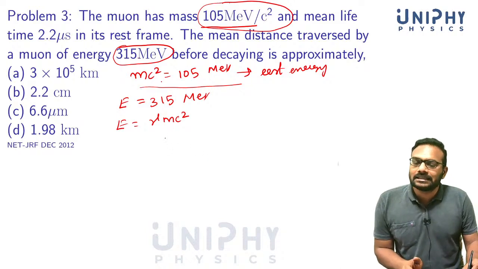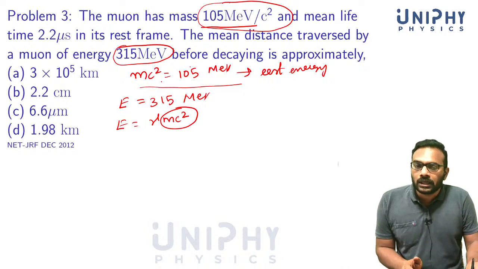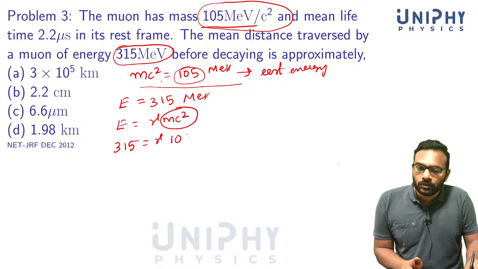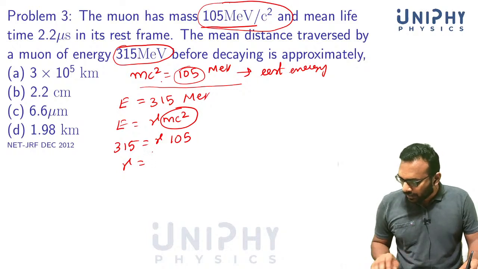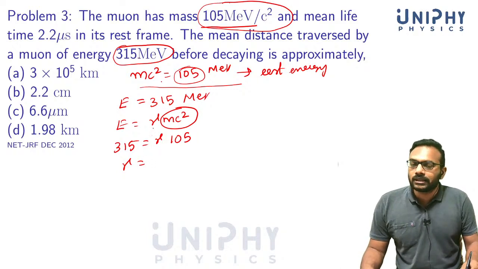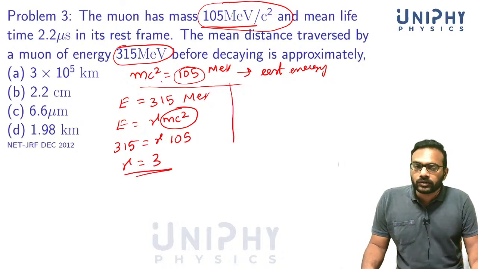We already know mc square is 105, so 315 is equal to gamma multiplied by 105. Solving this, you get gamma equal to 3, since 315 divided by 105 is just 3. That's not enough, but we can do part of the problem from here.